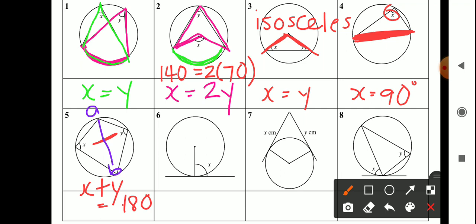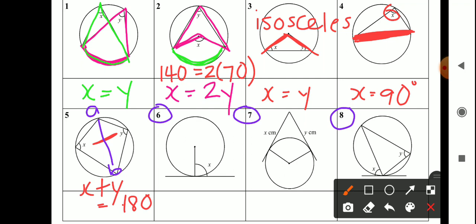This is the property of cyclic quadrilateral. Cyclic quadrilateral means you draw a quadrilateral inside a circle. All four vertices must touch the circumference. Don't draw carelessly.